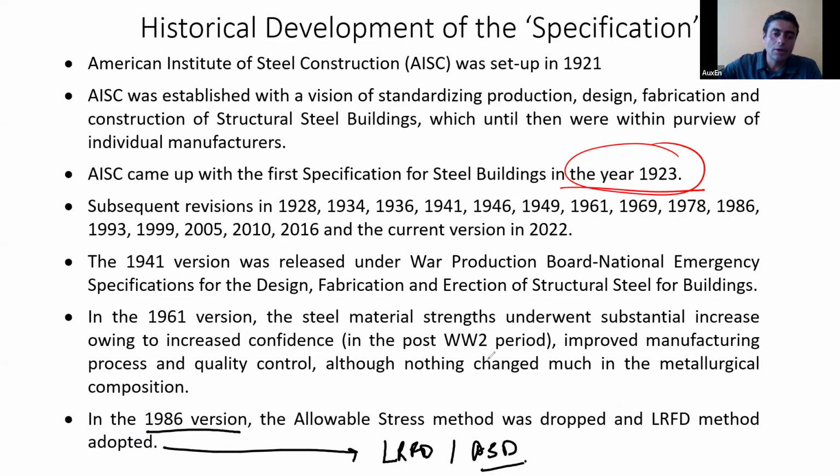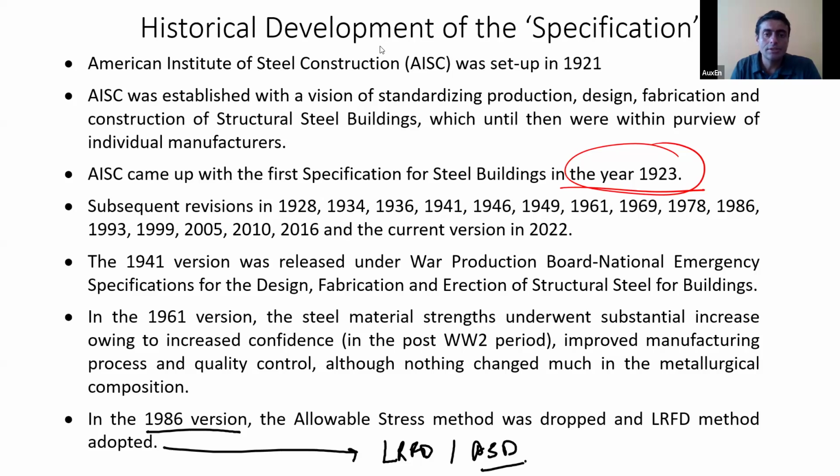They don't call it the allowable stress method, they call it the allowable strength design, ASD. Clear? We'll be talking more about it later. Is this much clear? So this is the journey of the AISC 360 over the 100 years.